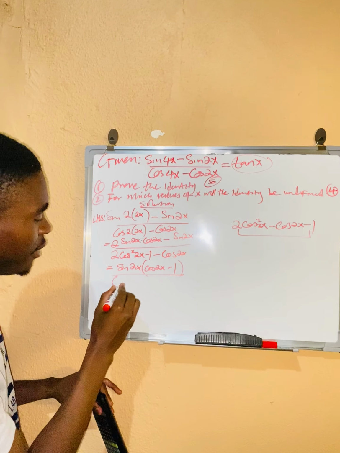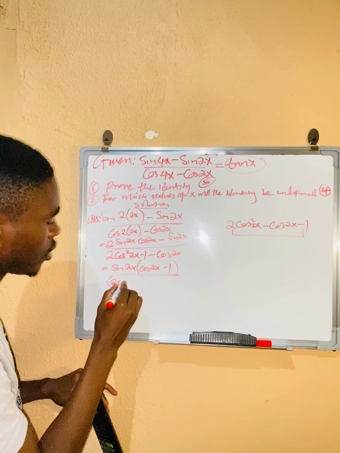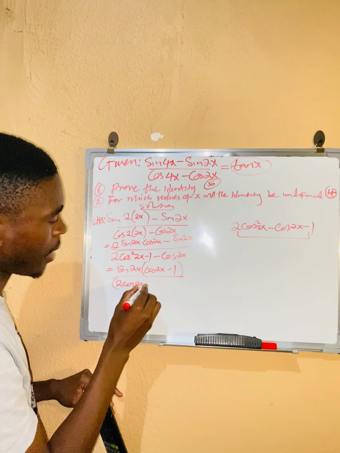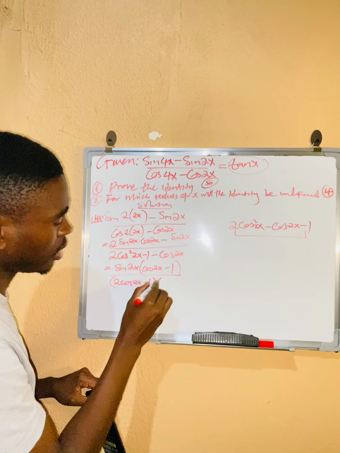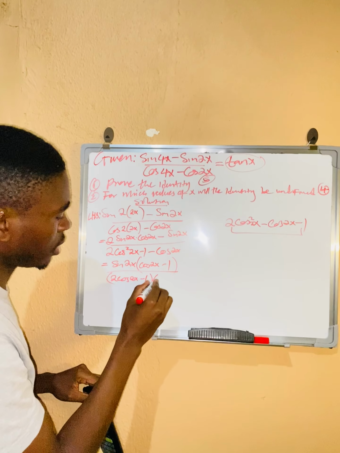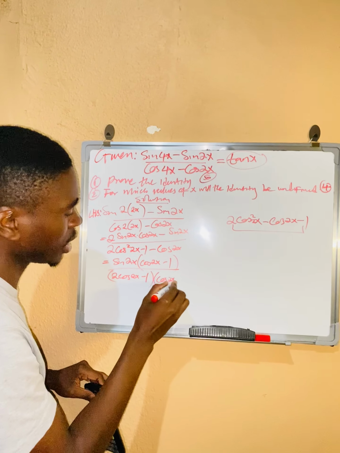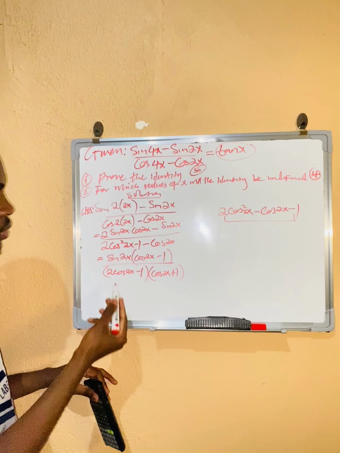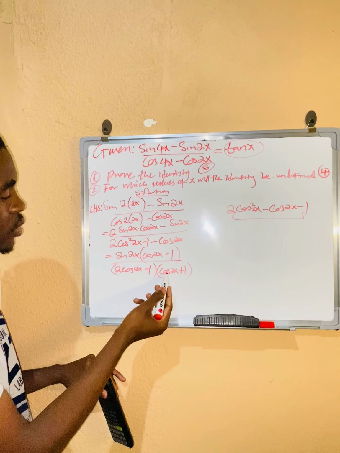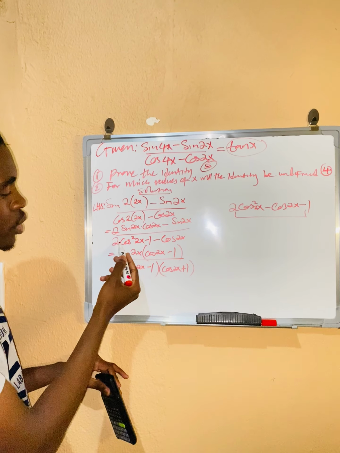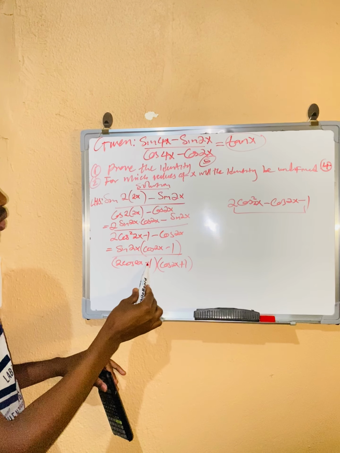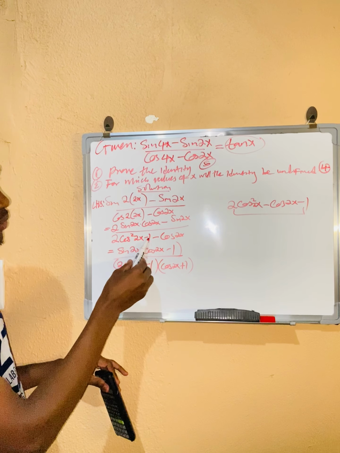We're going to have (2 cos 2x + 1) multiplied by (cos 2x − 1). How do you get these factors? This and this give us 2 cos squared 2x. This one and this one give us negative 1.